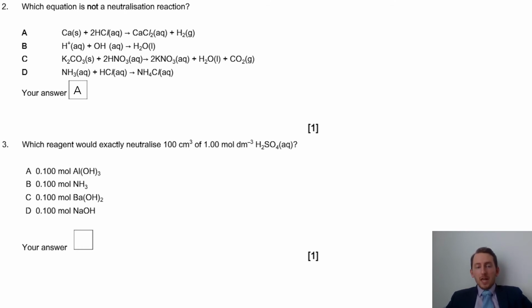So we've got all the same molar there. So we have 1 mol dm to the minus 3, and we need to know how much of the other one needs to neutralize with it. So looking down these here, for this one it's going to be C, 0.1 mole of Ba(OH)2.